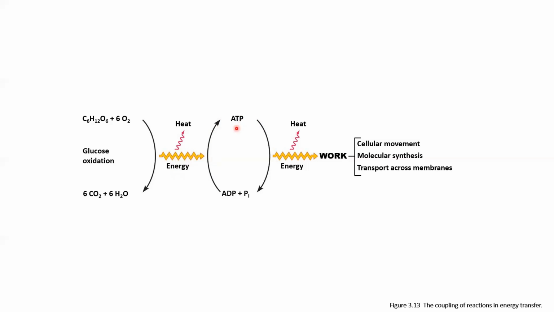Okay. Now, I want to point out that in doing so, we also liberate some heat. Because we are not completely efficient beings, because we do have thermogenesis happening in our body, some of the energy that we liberate doesn't get captured to make ATP. A lot of that just gets released as heat, okay?